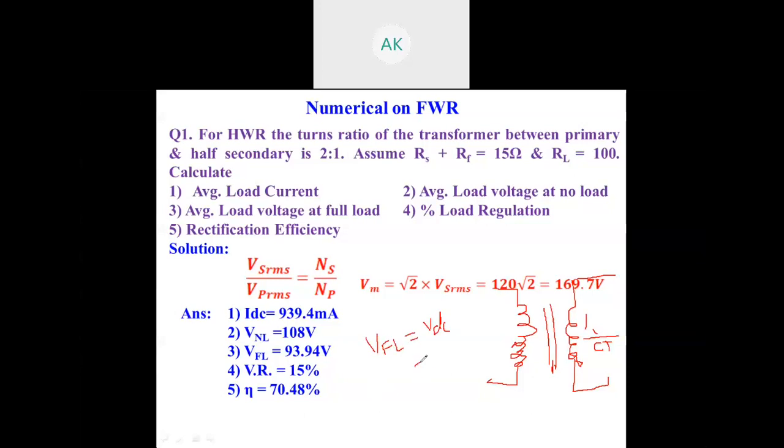Here RL is given as 100 ohm. So this can be written as IDC into RL, where RL is 100 ohm. VDC is nothing but IDC times RL when the load is connected. The no load voltage you have found is 2 Vm divided by pi.